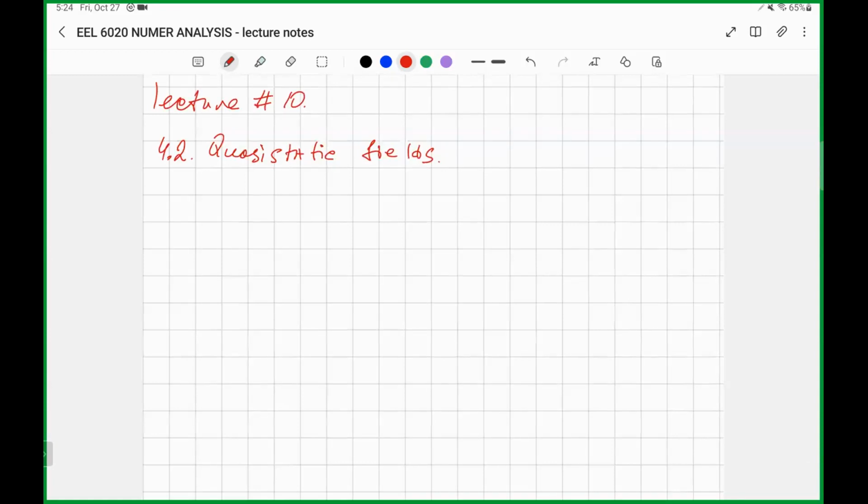Okay, so the quasi-static fields now. Quasi-static fields are fields that change in time, but slowly.